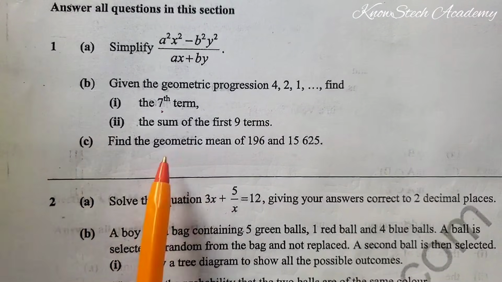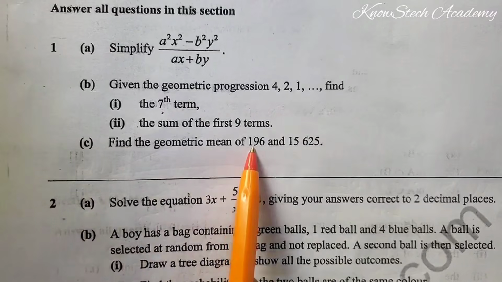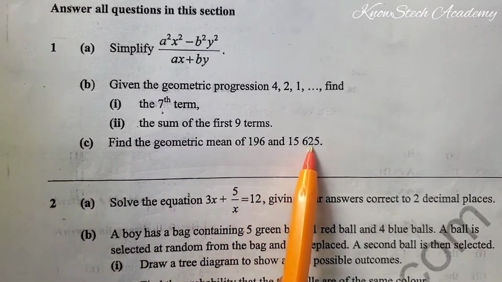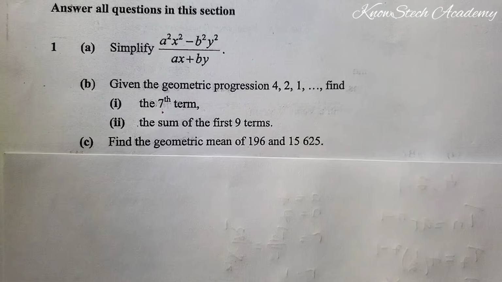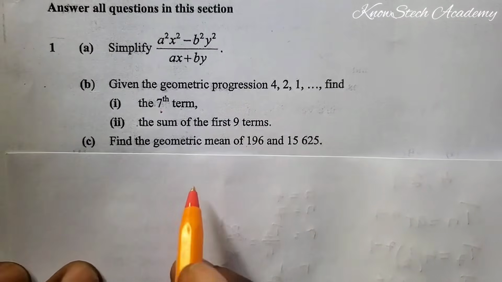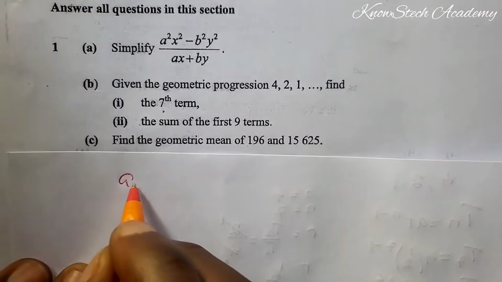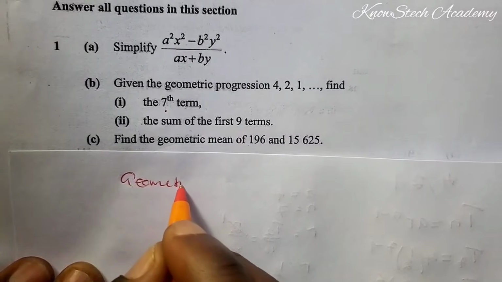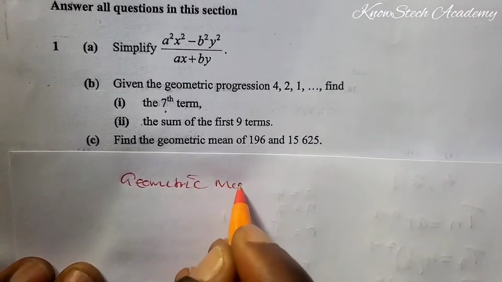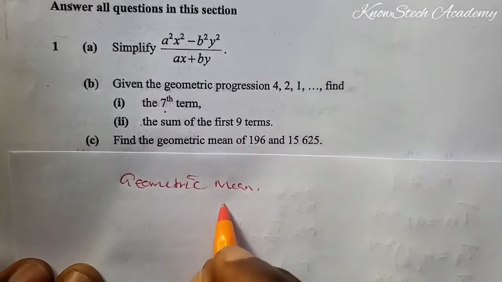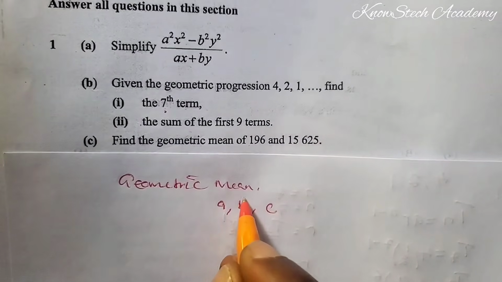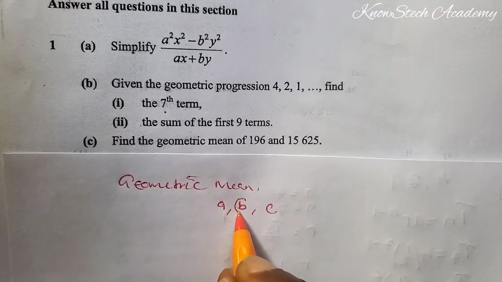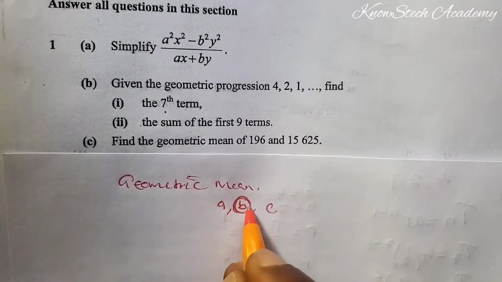So let's solve question C. Let's find the geometric mean of 196 and 15,625. Let's solve that one quickly. For the geometric mean of any numbers, if you have any sequence in the form A, B and C, to find the geometric mean, this is the B, the geometric mean.